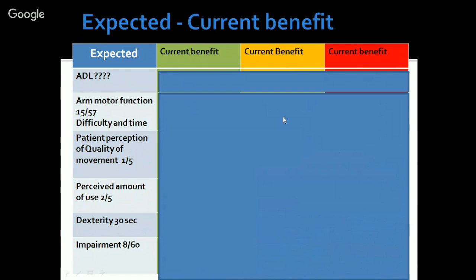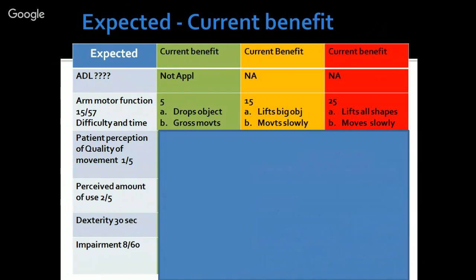We will see. On ADL, we have seen that CIMT is not able to help us come to a conclusion whether it will help or it will not help. So there is no point in discussing it. On arm motor function, if your patient after 6 weeks of treatment is actually dropping the objects and can do only gross movements and scores 5 on your Action Research Arm Test, then you can apply CIMT and it will definitely be better.